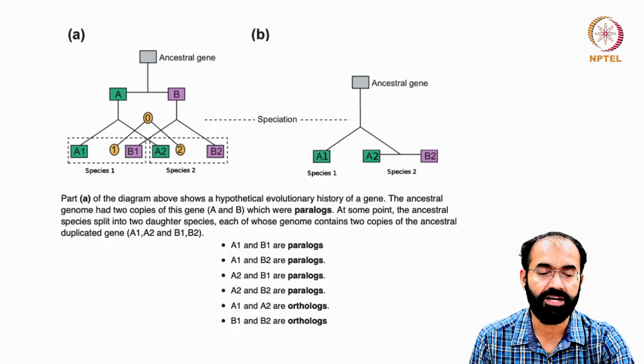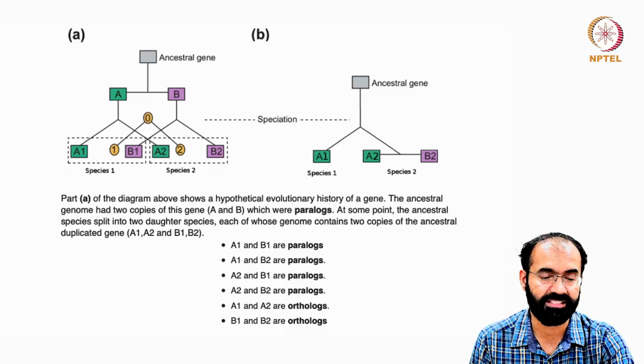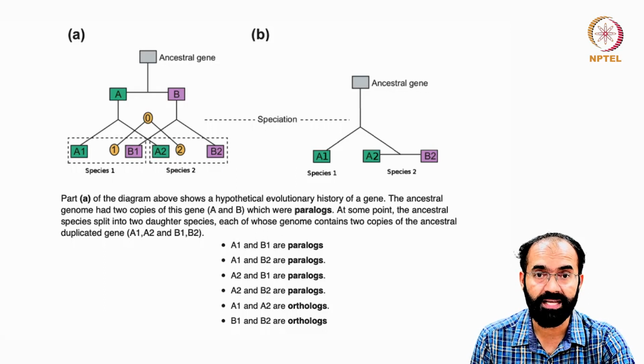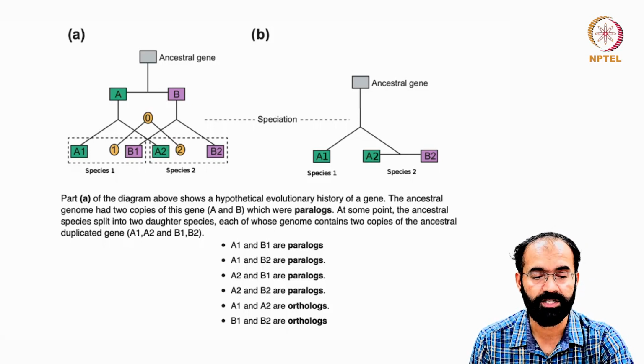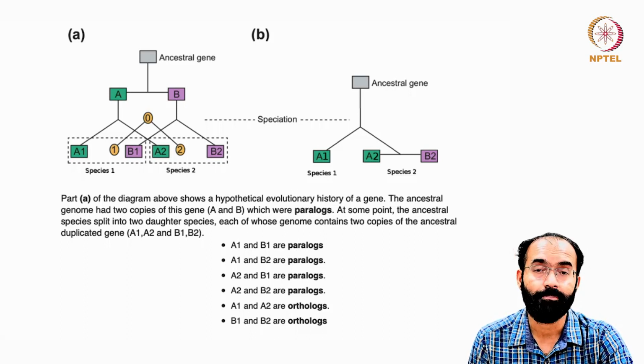However, what you should understand is this: when A is further separating in a small fraction, A1 is in one species and A2 in another species. B also similarly, remember A and B originated from one ancestral gene, is also now separated into B1 and B2, both in two different species. Now what happened, A1 and B1 can be called paralogs.